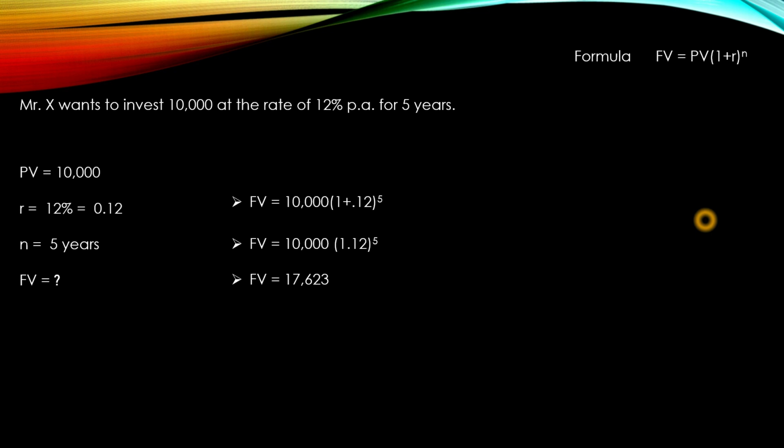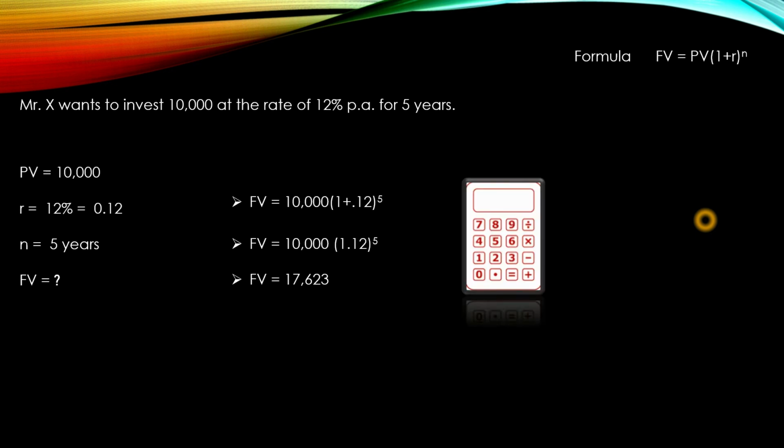Or if 12% is the inflation rate, then after 5 years he will be spending 17,623 rupees for the same article that he could purchase for just 10,000 rupees. And if he invests in a business, he is expecting his 10,000 to become 17,623 after 5 years.